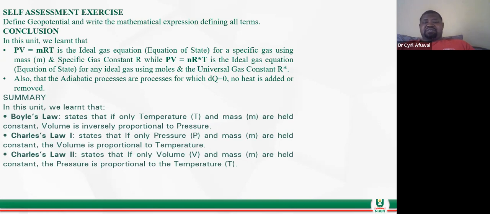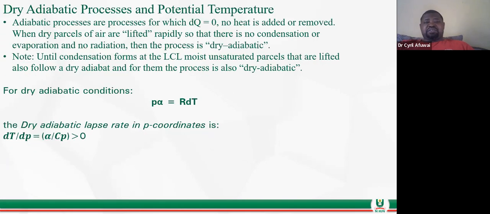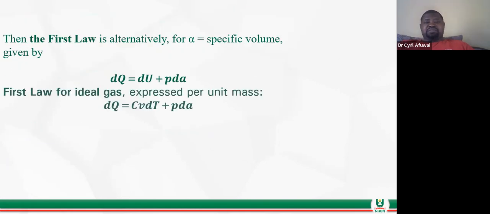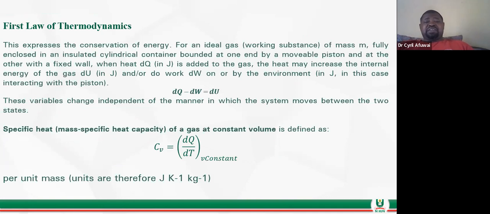You are expected to know Boyle's law, Charles' law 1, and Charles' law 2. Even the first law of thermodynamics, we are expected to know them and write the equations clearly.